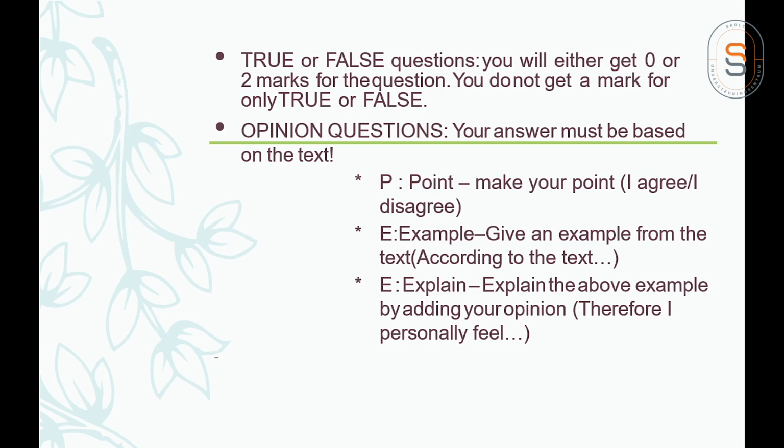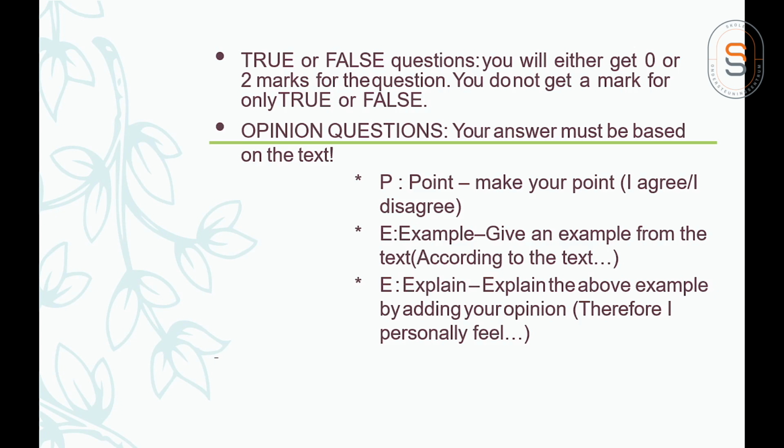In literature, we do the following, and we are going to do the following here as well. Make a point, and then give an example from the text and then explain the above example by adding your opinion. So you make a point: I agree or I disagree, or I feel that the writer was justified.